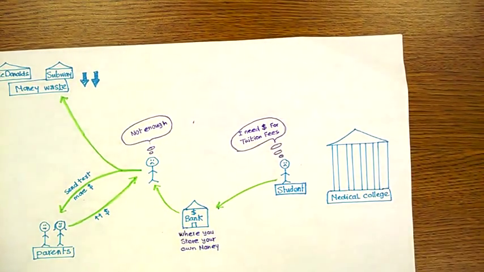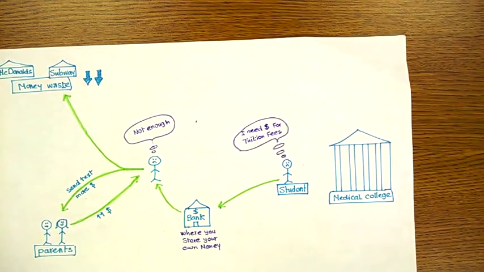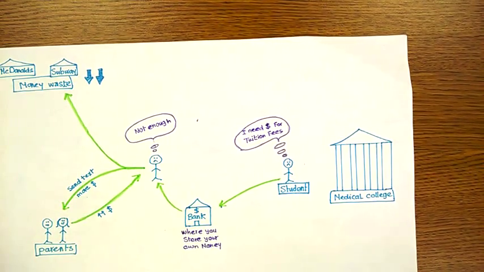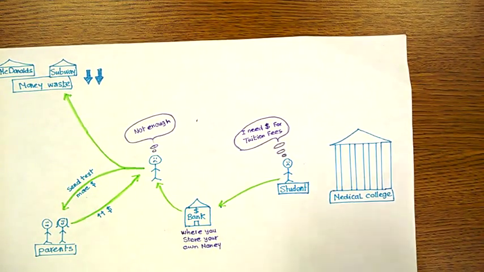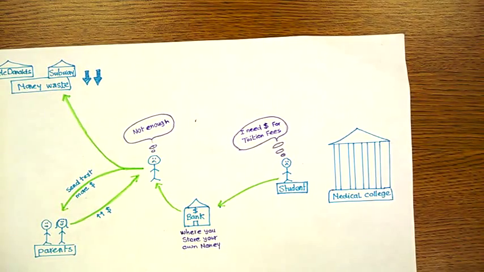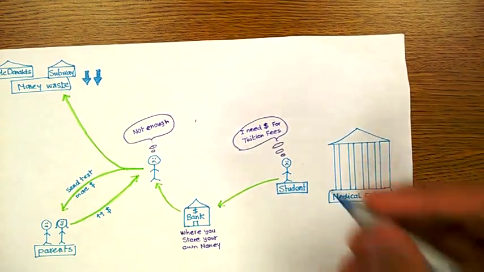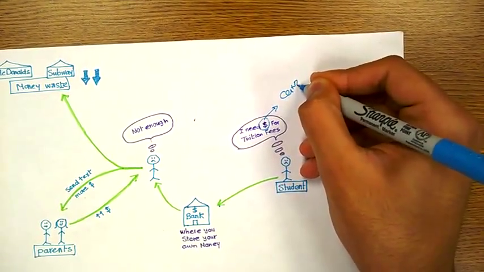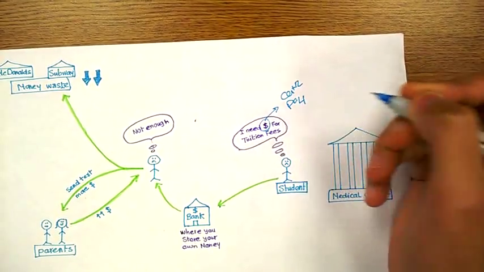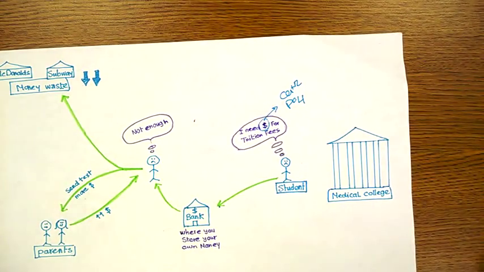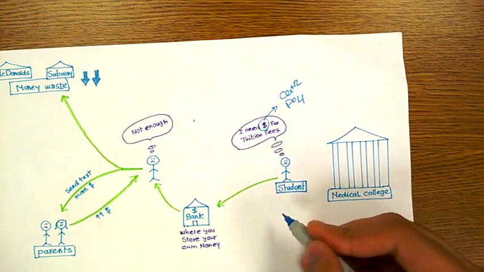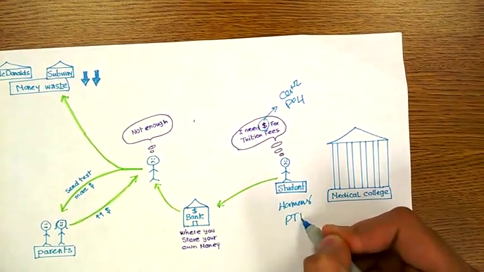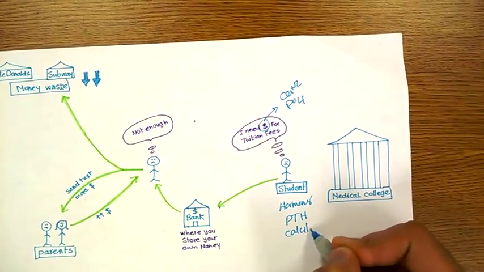So we can say that the campus is our body, and this money is the calcium and phosphorus, and the student we can say is hormones like parathyroid hormone and calcitonin.